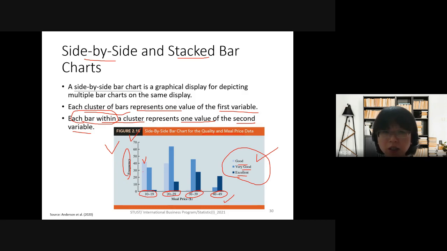The quality rated good, the frequency is how many, and rated very good is how many, and rated excellent is how many. So you will find if you use the side by side bar chart, you can express different variables on the same figure.